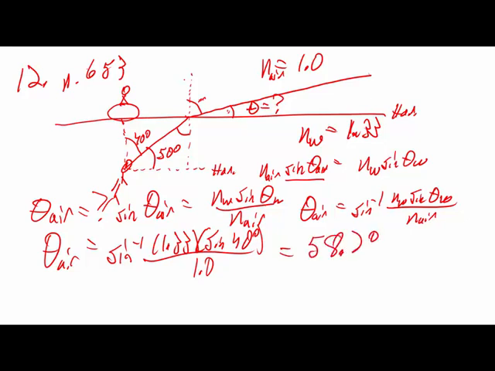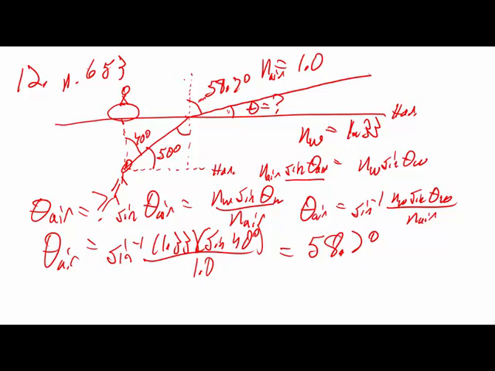Okay, now hang on a minute. That is what? Now you say, well, that's the final answer. No, it is not. That is this angle right here, 58.7 degrees. Because remember, y'all, Snell's law was derived by taking the angle with respect to the normal. Well, we want to know what the angle is with the horizon.